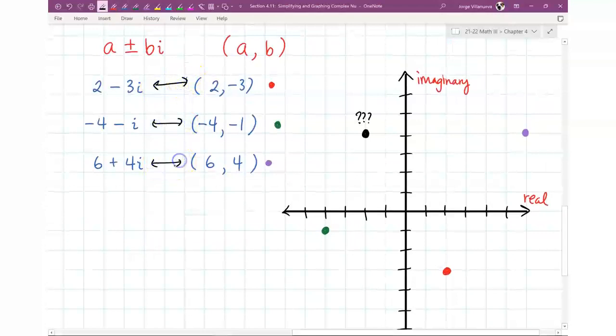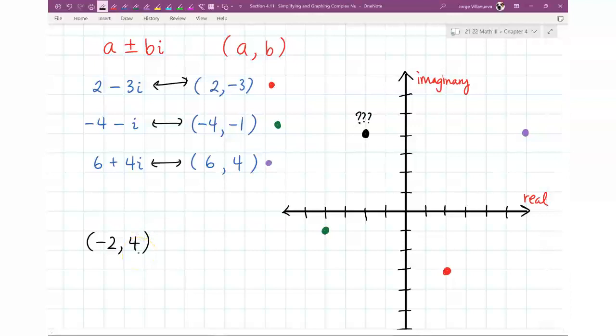So the first thing you want to do is identify the black point. So where is that black point? What are the coordinates for the black point? And 4, right? All right, so -2, 4. Now let's write it. Remember, the first number is the a, the second number is the b.